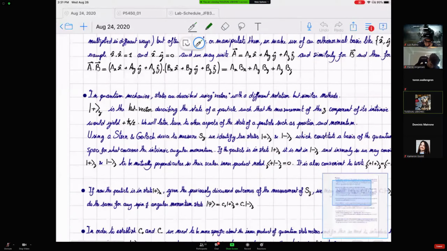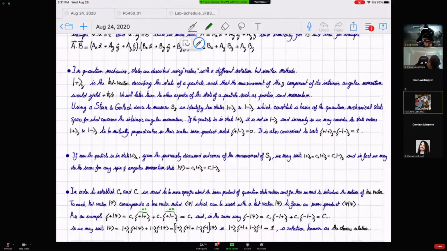And of course, there is a corresponding state which is minus sub z. And since there is no other possible outcome to the measurement of the angular momentum of this electron, it is clear that plus and minus sub z map the entire state space of the electron as far as we are restricting ourselves to the angular momentum of the electron.